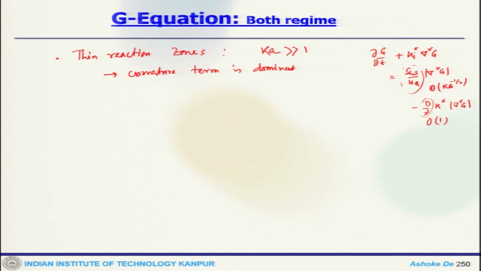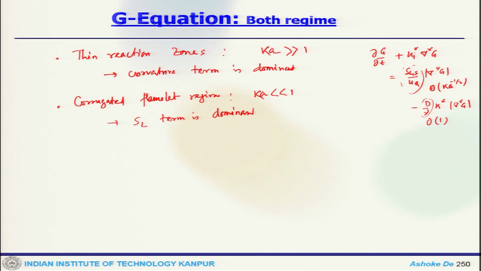Now at the same time, if you go to corrugated flamelet regime, where Karlovitz number is very small, this term is going to dominate. So SL term is dominant.